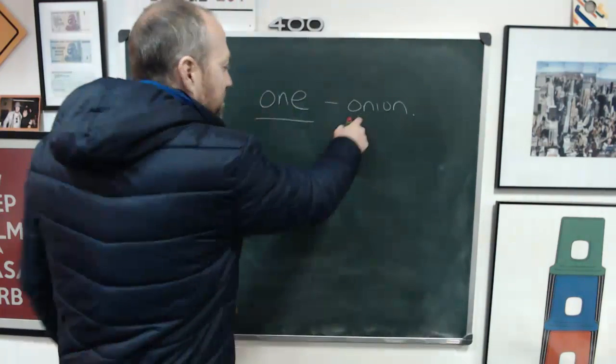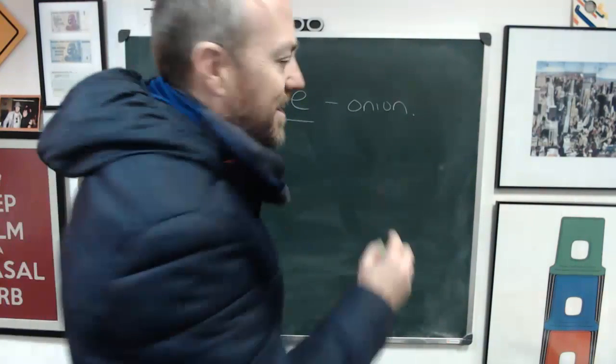Well, let's think about what an onion is. An onion is a food that we eat. But there are other foods in the same family that are related. For example, we have an onion and we have a garlic.